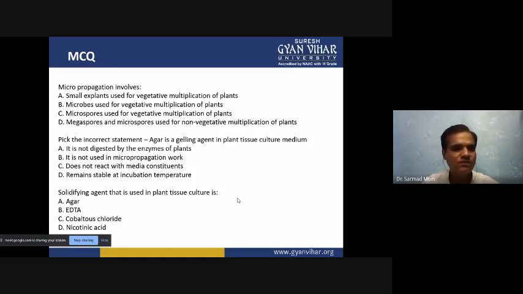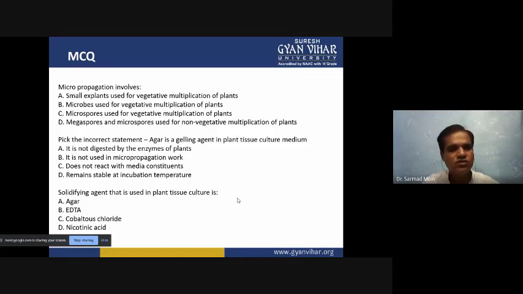Next question, pick the incorrect statement. Agar is a gelling agent in plant tissue culture media. Option A, it is not digested by the enzymes of plants. Option B, it is not used in micropropagation work. Option C, does not react with media constituents. Option D, remains stable at incubation temperature.